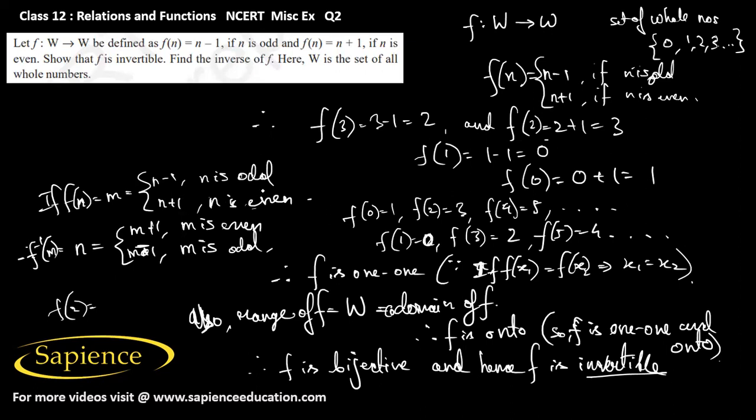And if n is odd, then n minus 1 is even. So if m is even, then we should write m plus 1. And if m is odd, then we should write m minus 1. Since f of 2 is equal to 3, it means f inverse of 3 is equal to 2.